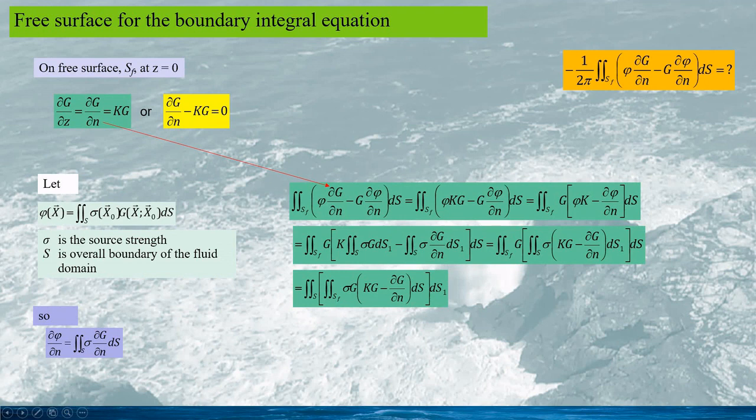Here, we can see in the integration on the free surface, the integrand would become 0 if we apply the free surface condition for the Green function. Thus, we will obtain the integration on the free surface as 0. That is, the term of the surface integration on the free surface is 0 because of the Green function.